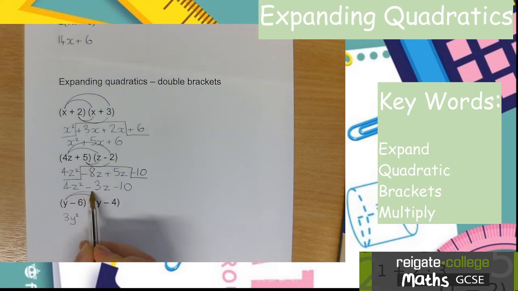Y multiplied by minus 4 is minus 4y. Minus 6 multiplied by a positive 3y is minus 18y. And then minus 6 multiplied by minus 4 is a positive 24.